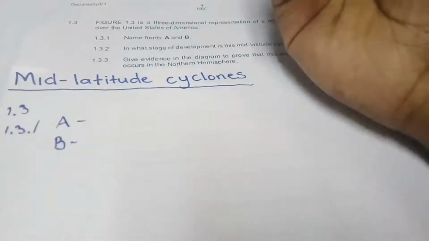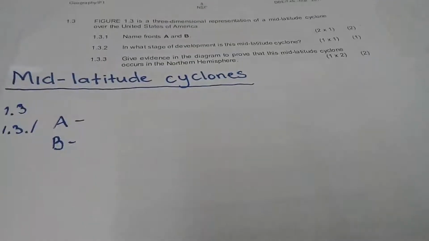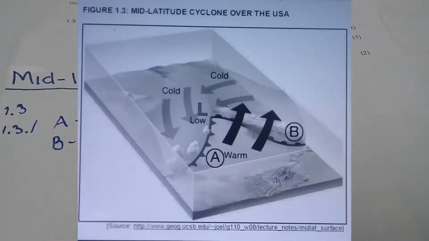It's given. Front A is there? They are confusing you. You can see they are making the question trickier for you to think twice. Yes, they are really looking for your understanding. You can see front A is a cold front, right? And front B is a warm front. But at front A, which is a cold front, they put "warm", which illustrates a warm sector just behind front B. You see, they're playing with your minds.